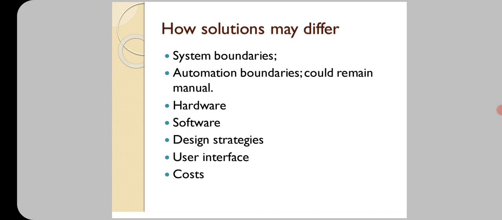Cost means the various estimations to design and complete the given problem. User interface means the type of applications and the different software used. Design strategies means the various design patterns or design solutions used, along with hardware and software requirements.